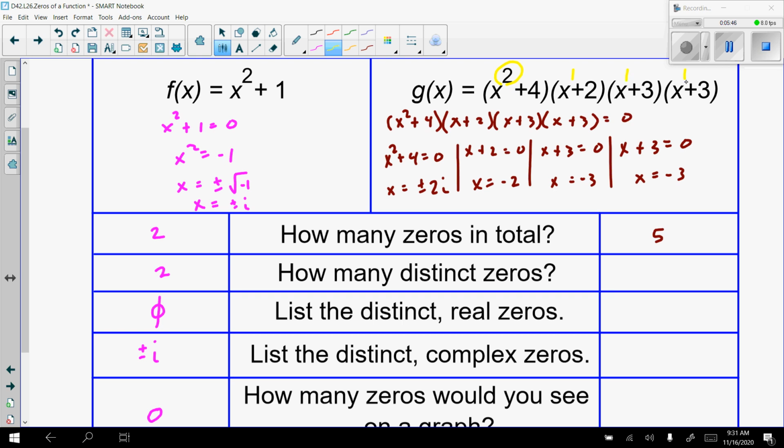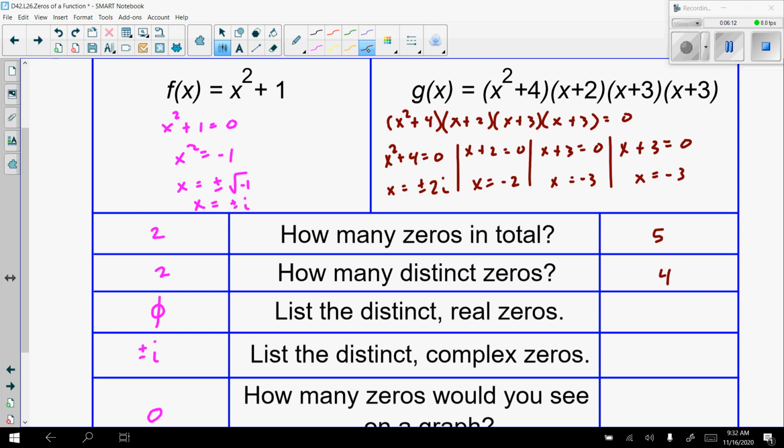We simply add them up, and we get 5. Next question is how many distinct zeros? Distinct means different. In this, there are 4. We have 1, 2, 3, and because this is the same, that would be 4. We will not count that twice.